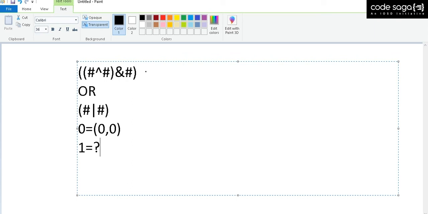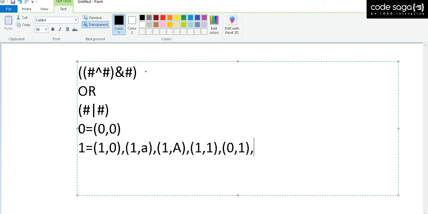So 1 will be the output when a single bit is 1. So we'll have 1 comma 0, 1 comma 1, 1 comma A, 1 comma capital A, and so on. When the first is 1, it will definitely be 1, and similarly when the second operator is 1, we will also have 1 as the output.